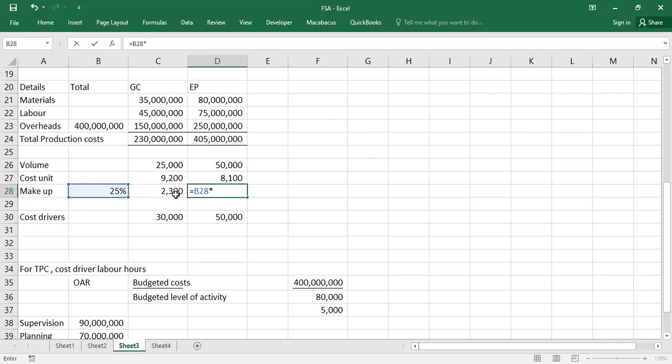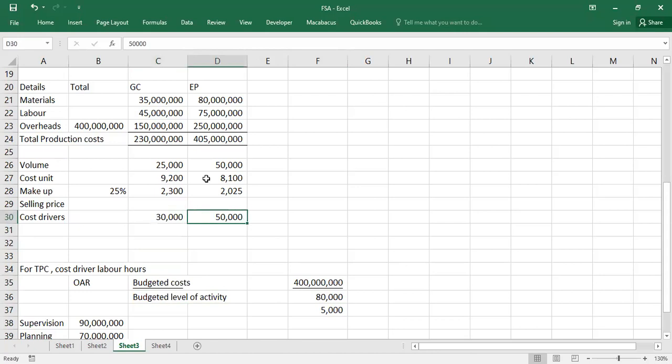So therefore, how do you get to this? You said the overhead, the total is 400,000 as given in the question. How do you allocate it between GC and EP? You first get the OAR, which is this, based on the level of activity under each. That for GC, the hours were 30,000.